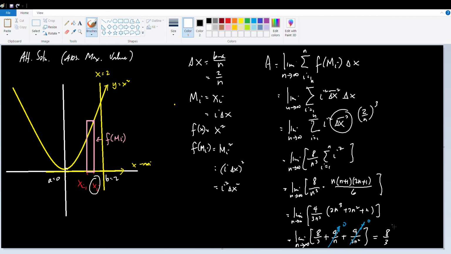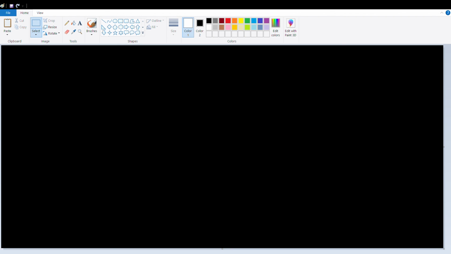So our answer is 8/3 square units, and this agrees with our earlier answer. So the area of the region R is 8/3 square units, whether we use absolute minimum or absolute maximum values.